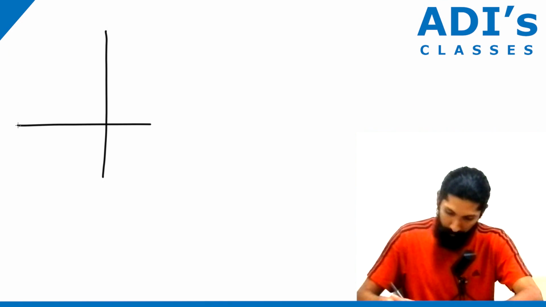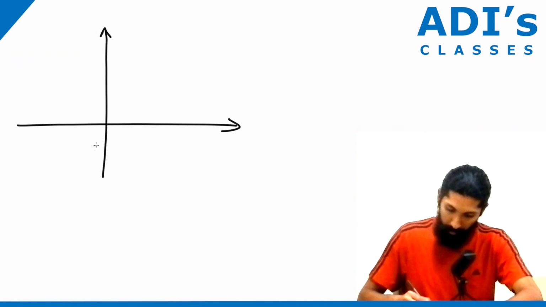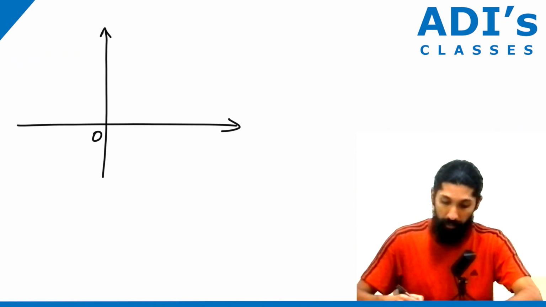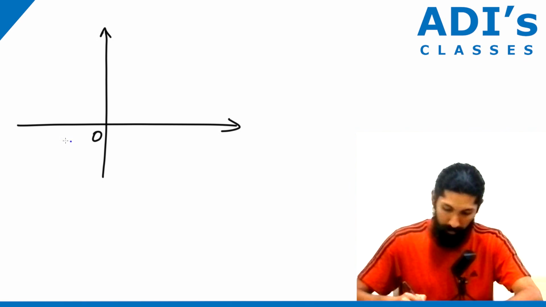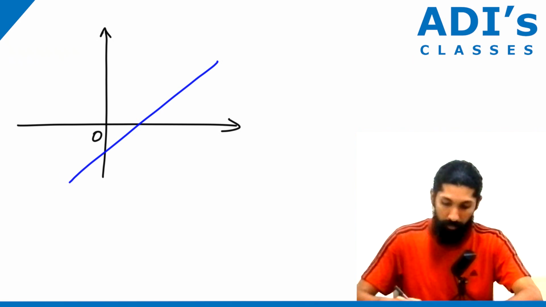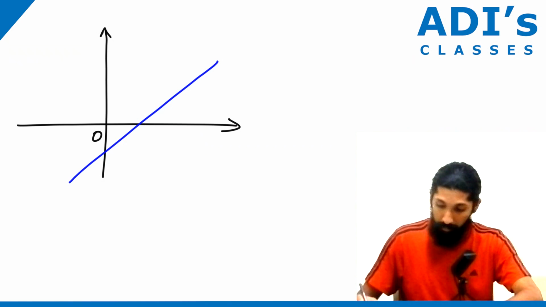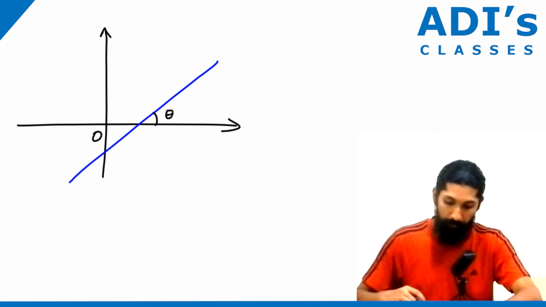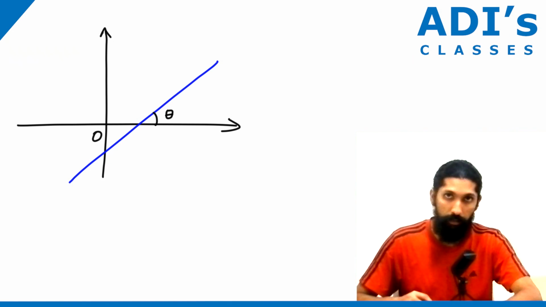Okay, now here, suppose say you have the x and y axis. This is the origin. Fair enough. Suppose say a line goes something like this. So assume that this is a line. Now this particular line makes an angle of theta with the x-axis, correct?